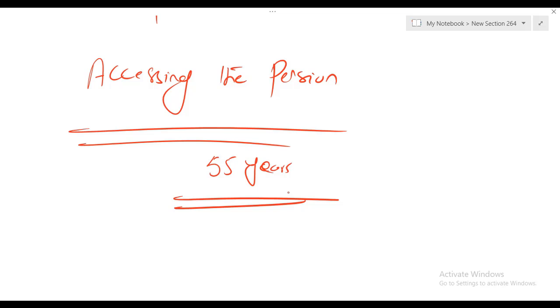For example, if the death of a particular individual is proved before 55 years, then obviously that individual is going to get the pension benefits before the age of 55 because he is not going to reach 55. Let's assume someone in UK is 30 or 29 years old.